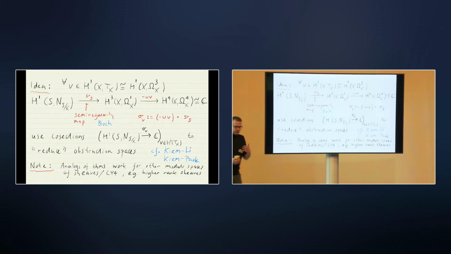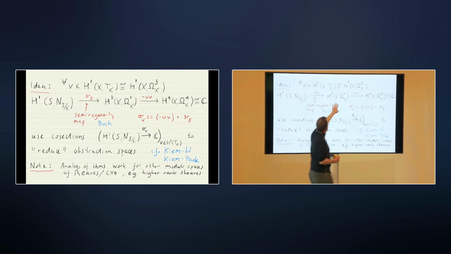When you have a surface on a variety, let's say here a surface on a Calabi-Yau fourfold, on the one hand you have obstructions to deforming the surface. On the other hand, you have obstructions to deforming the Hodge class. And there is a map called the semi-regularity map, which precisely relates those two obstructions. So it's a map from H^1 of the normal bundle to the (1,3) forms of your fourfold.